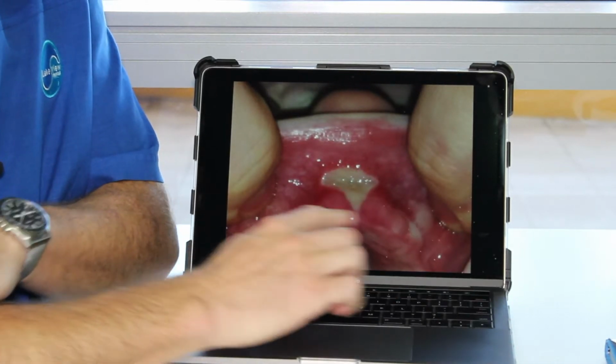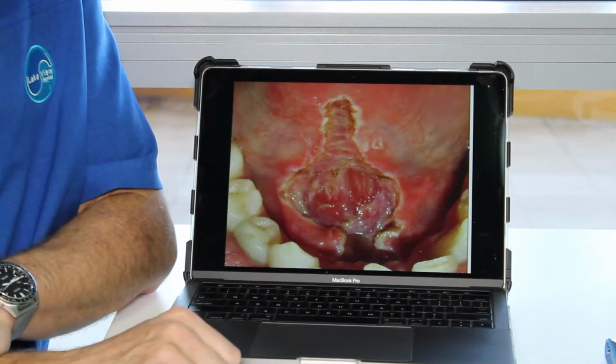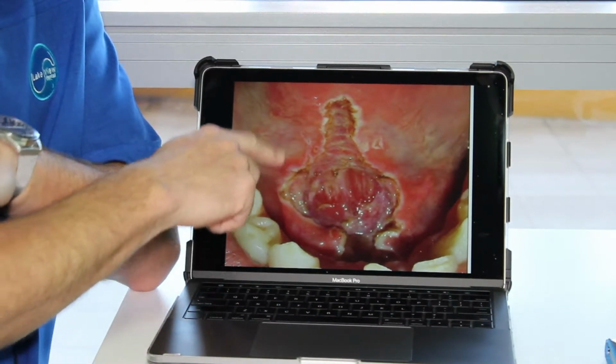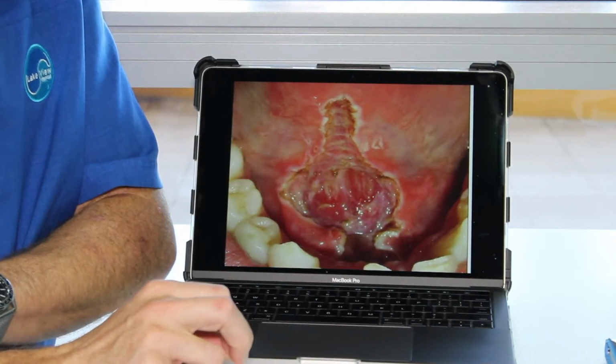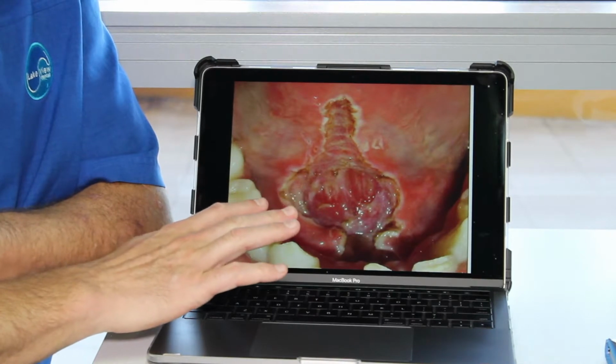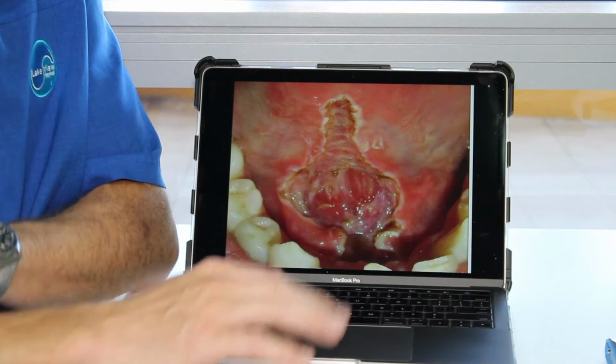And that's a week after. This is the tongue release with laser, and there's a lot of burning in there.